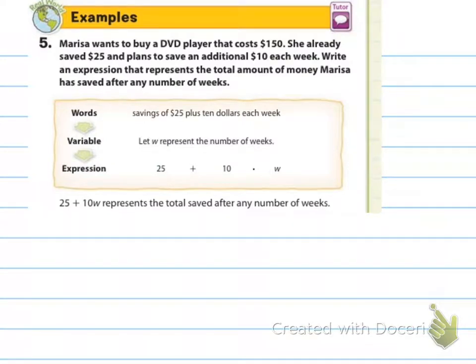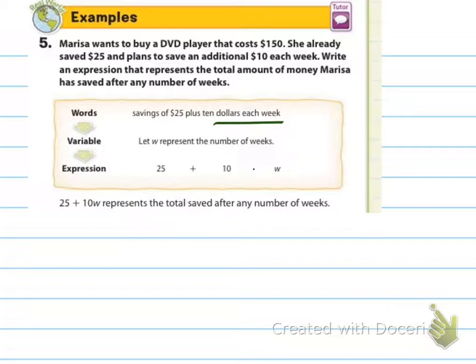Example number 5 says Marissa wants to buy a DVD player that costs $150. She already saved $25 and plans to save an additional $10 each week. Write an expression that determines the total amount of money that Marissa has saved after any number of weeks. So in words, we want to know what it is where it's $25 plus $10 each week. So the variable is going to be the week, which is W or whatever they want to use.